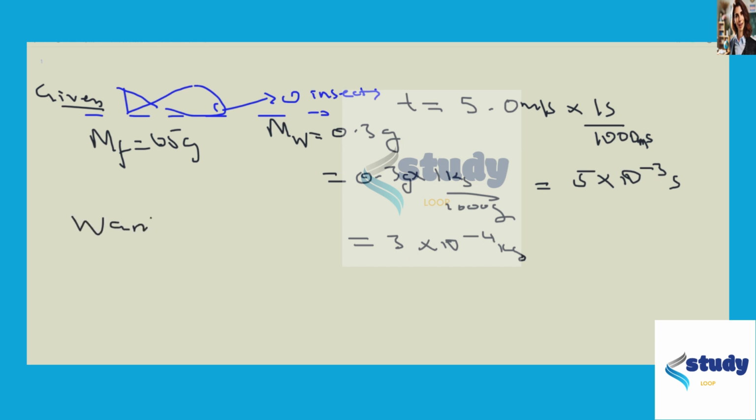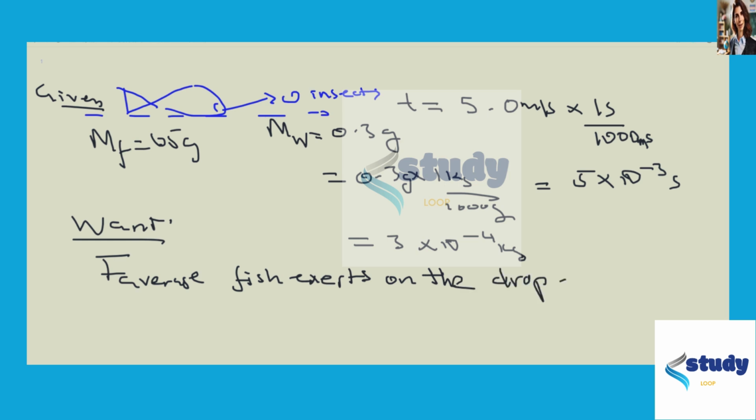We want to find the average force that the fish exerts on the drop of water. That's what we want to find out. And we're going to use momentum in the next page. So this is the information that we're given. We're told that the mass of the water is 0.3 grams.